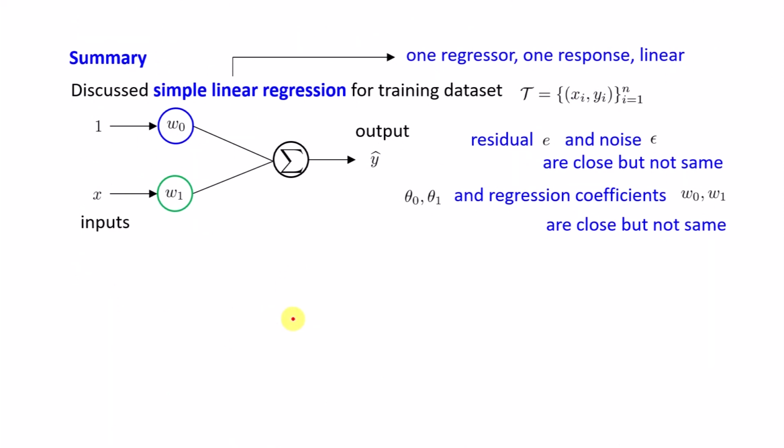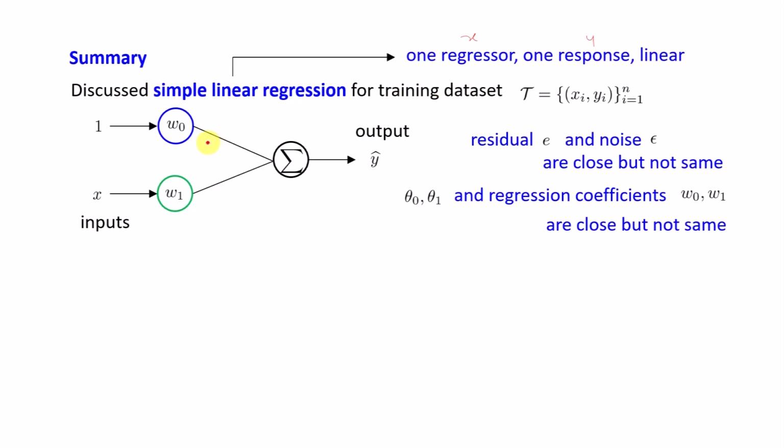So now we are going to summarize what we have learned in this lecture. We have discussed simple linear regression for a training data set T. Simple linear regression means one regressor, that is the X variable, and one response, that is the Y variable, and they are related by a linear relation.